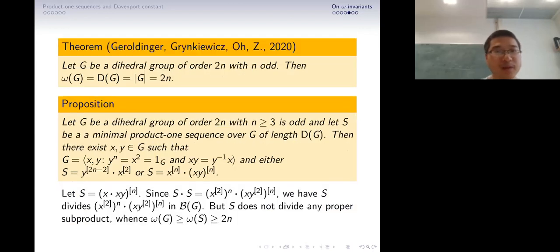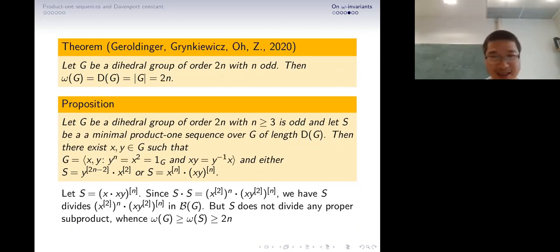Okay, now here is our main result. Last year, Geroldinger, Grynkiewicz, and we together proved that if G is a dihedral group of order 2n with n odd, then the omega invariant of G equals the Davenport constant of G equals the order of G. Here we consider the dihedral group of order 2n with n odd.